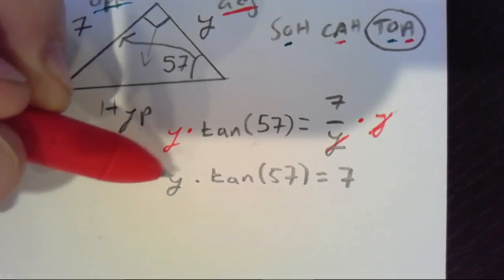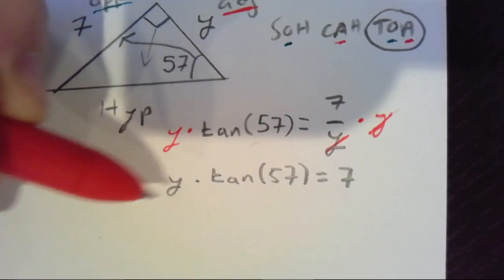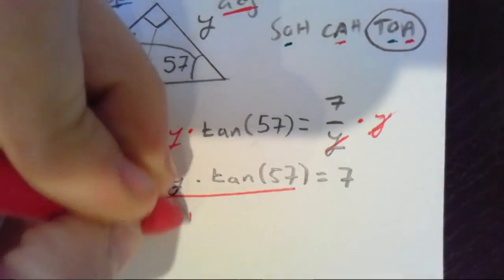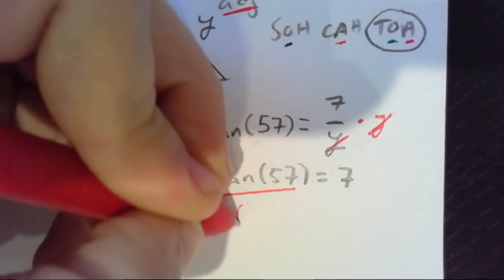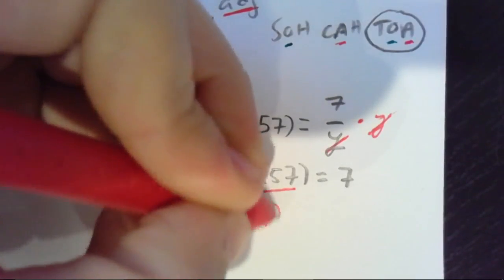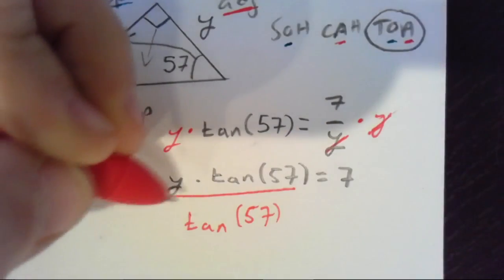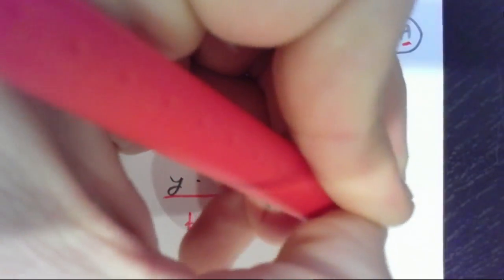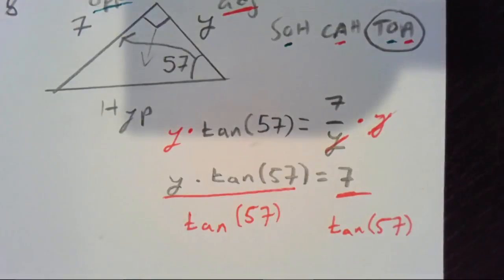So now I've got y times tan of 57. I will divide this whole side by the part I want to get rid of, tan of 57. If I divide by that on the left side, you bet I better divide by that on the right side. So we'll now do 7 divided by tan of 57.